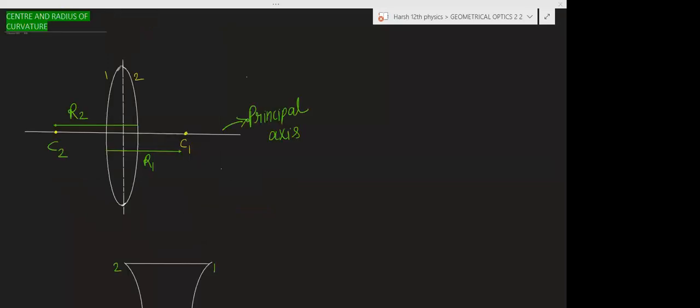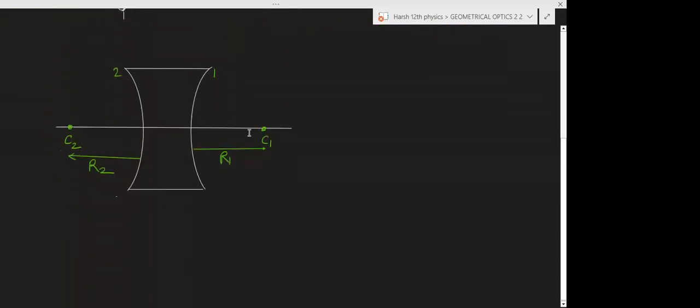And what is the principal axis? The principal axis is the line joining C1 and C2.